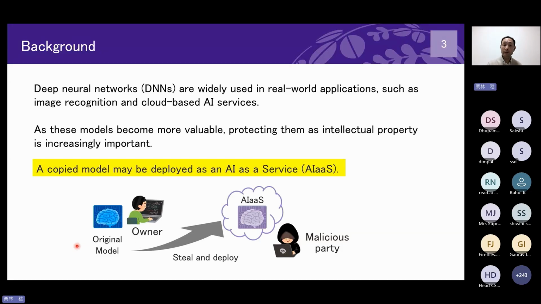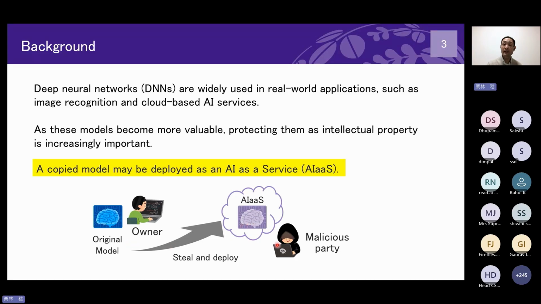So for example, here is the owner, and the owner develops AI models. Then the malicious party will steal the model in a certain way, and then the stolen model is deployed at the cloud server.